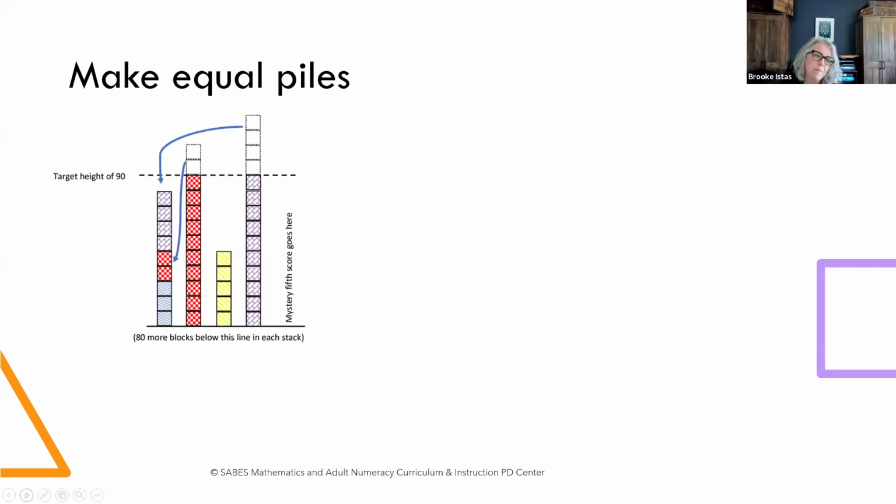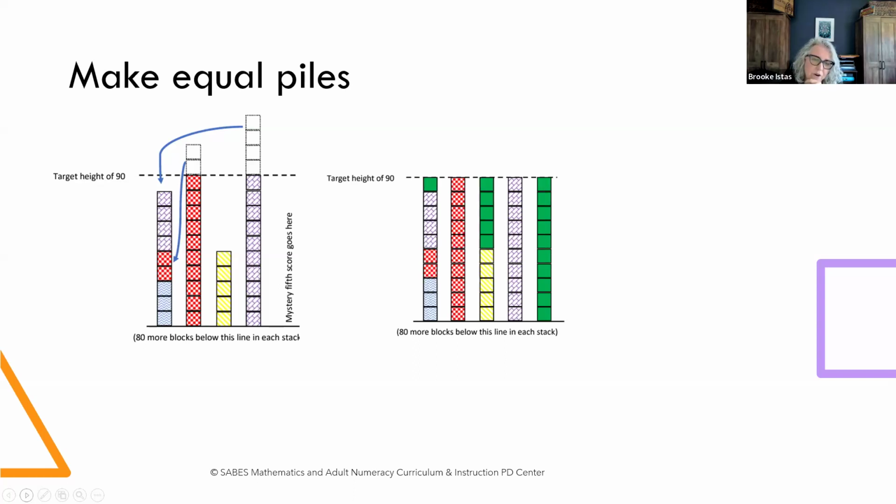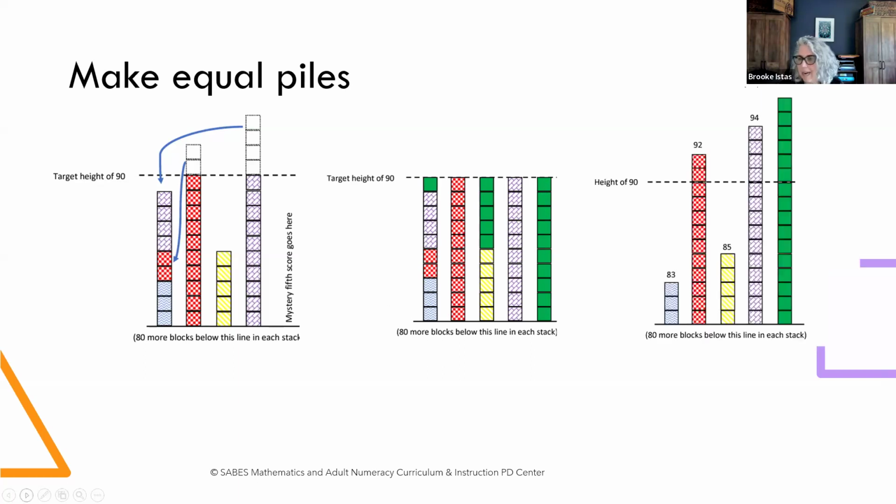So you create equal piles, because that's what it means to find the average. And once you have that target, notice that the 5th stack here, the mystery 5th score, fills in what's left over. When you restack it, you can see how much more that stack needs to be.